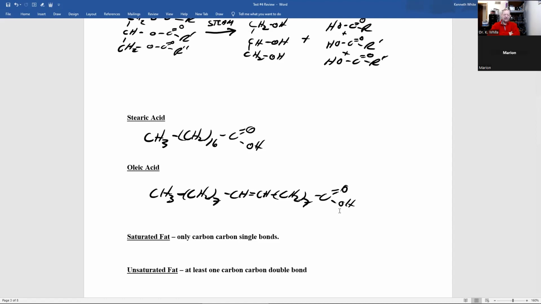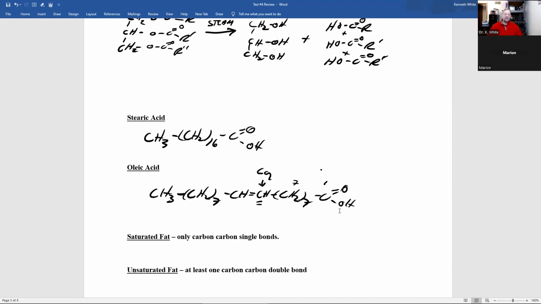And I asked you to learn the structure of 2 fatty acids that I work with heavily. One is stearic acid, 18 carbons, no double bond, otherwise called a saturated carboxylic acid. And oleic acid is monounsaturated, 1 double bond, and it has 18 carbons, and the double bond starts at carbon C9. 1 plus 7 is 8, and that makes this C9.